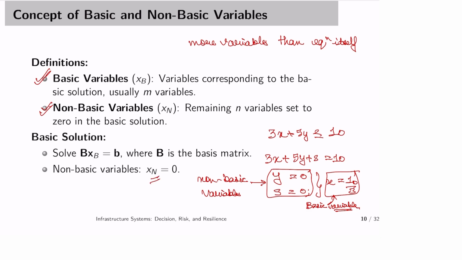In this case, all our non-basic variables are set to be 0, and we get the solution for the basic variables because all others have been forced to be 0, and hence our problem now reduces to B x_B equal to b, where B is called the basis matrix. So I can easily solve x_B as B inverse times b, which is essentially separating the variables on one side and finding the values of interest.